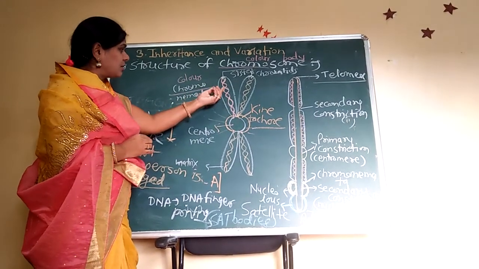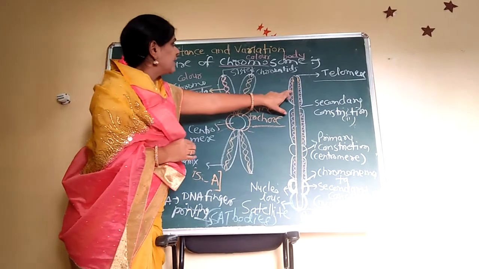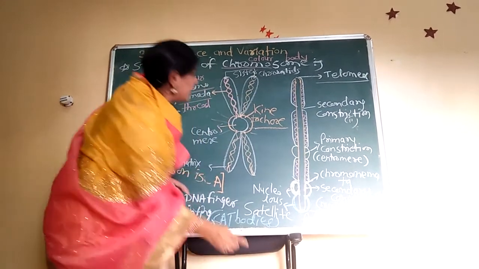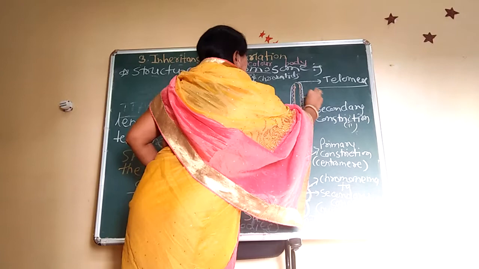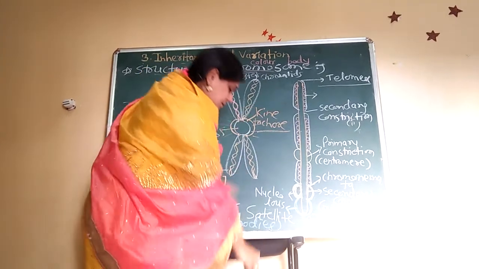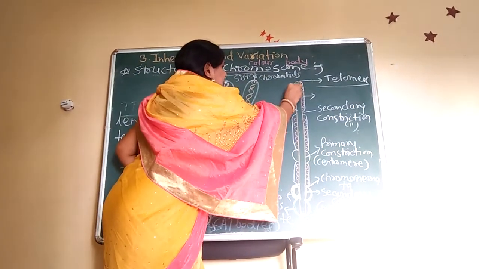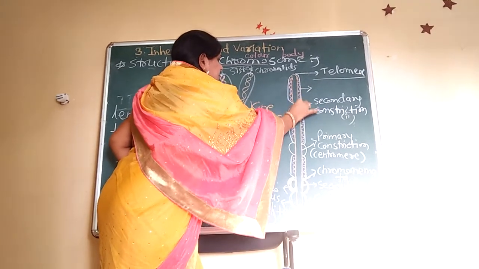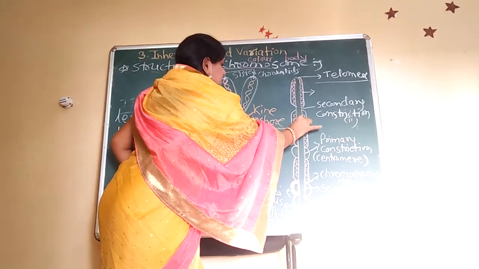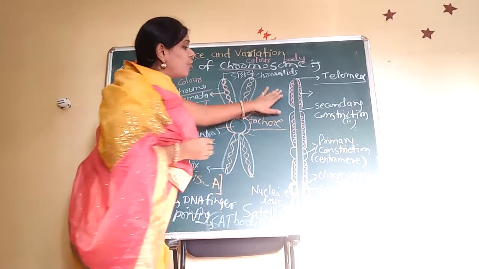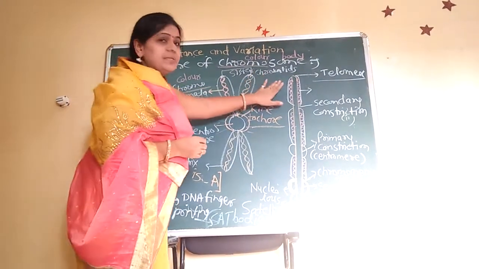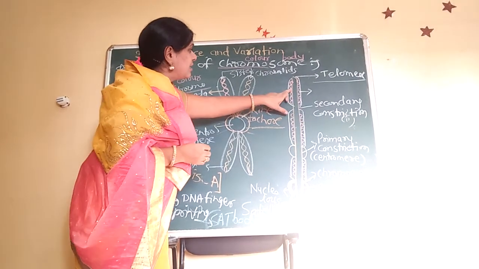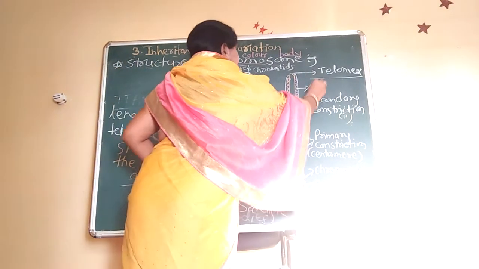Then the chromonema, the chromonemata, and then this swelling part. By mistake I said centromere; it is the chromomere.